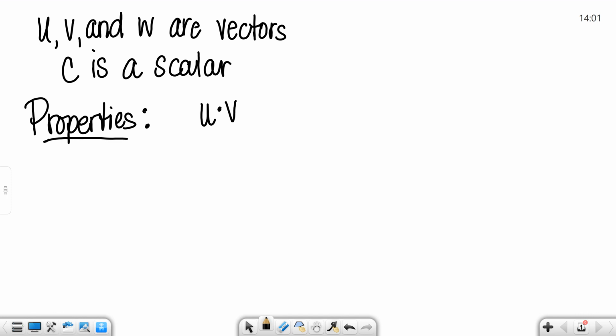U dot V, we just proved it. It is the same thing as doing it the other direction. U dot V is the same as V dot U. So it doesn't matter. Those are the same either direction. So there's our first property.